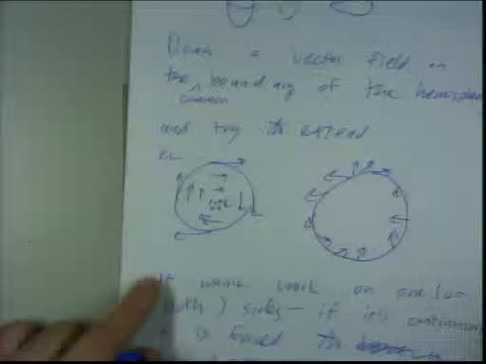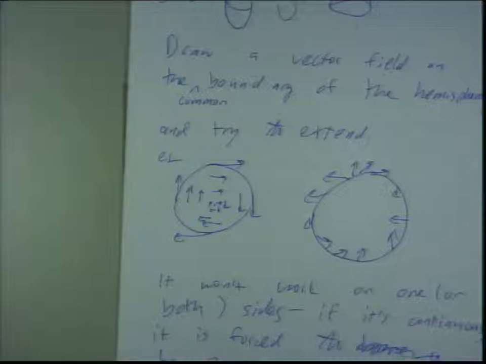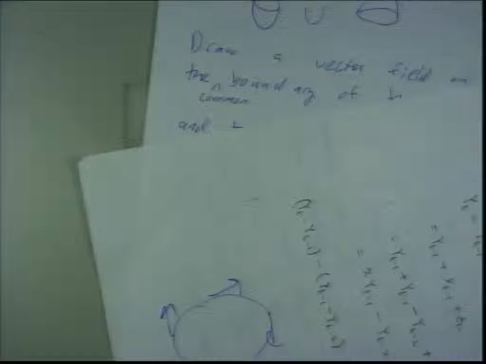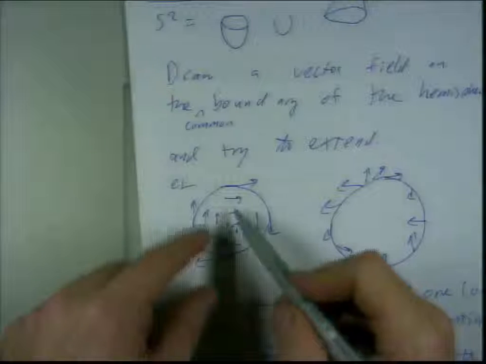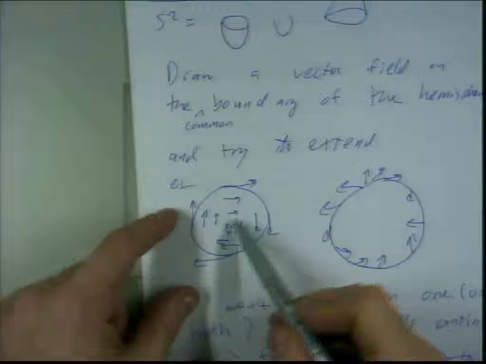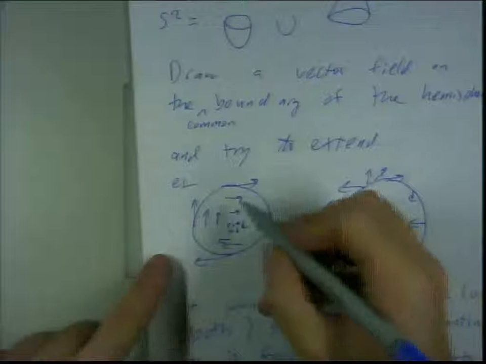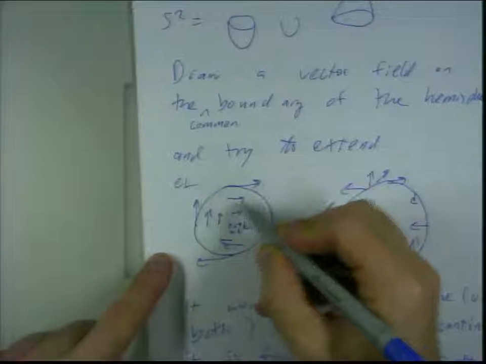So actually, let me say that I'm really starting out with a vector field on the circle that's the boundary of the disk, and I'm asking, can I fill it to the interior? Well, here's one way to do it. You shrink it down, and if you try to extend it radially, then along the vertical line all these vectors point in the same direction as the one at the edge.